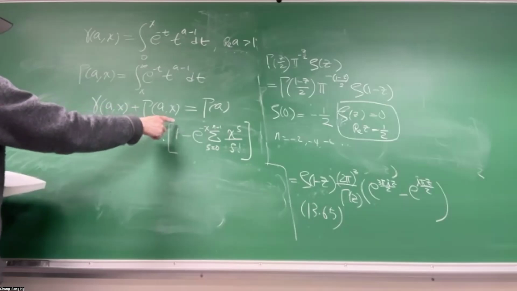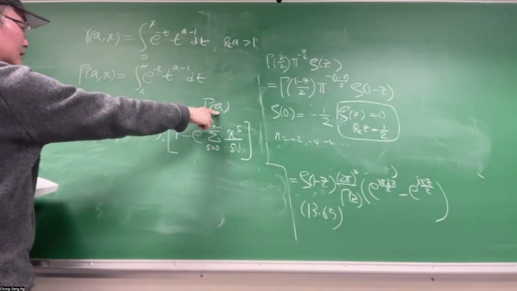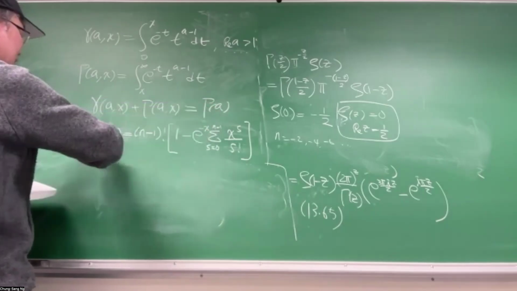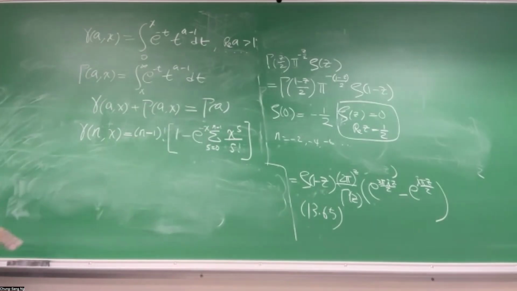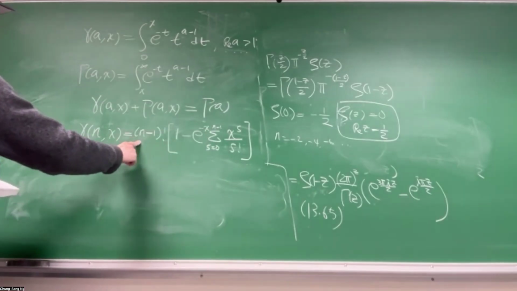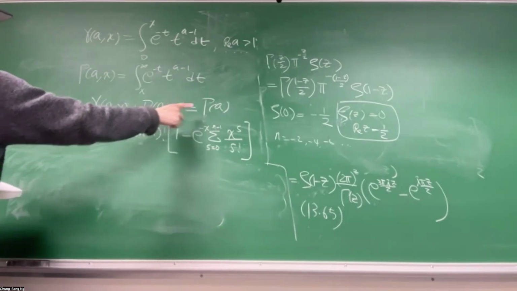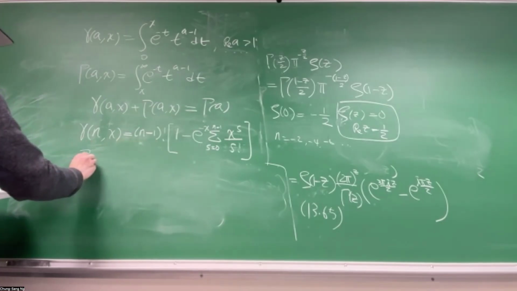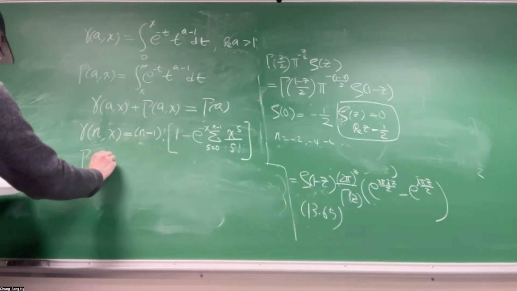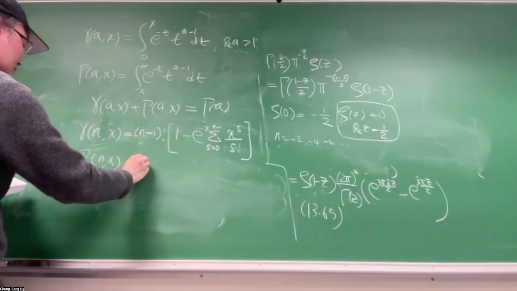And then by this one, because if a is an integer n, gamma n is just n minus 1 factorial, exactly this one. And so this is this one, and then this plus that equals that one. So obviously, capital gamma n, x is just the rest. This times that.